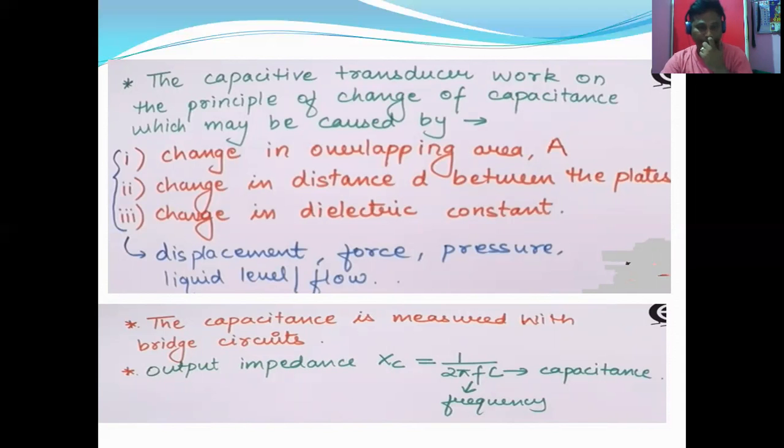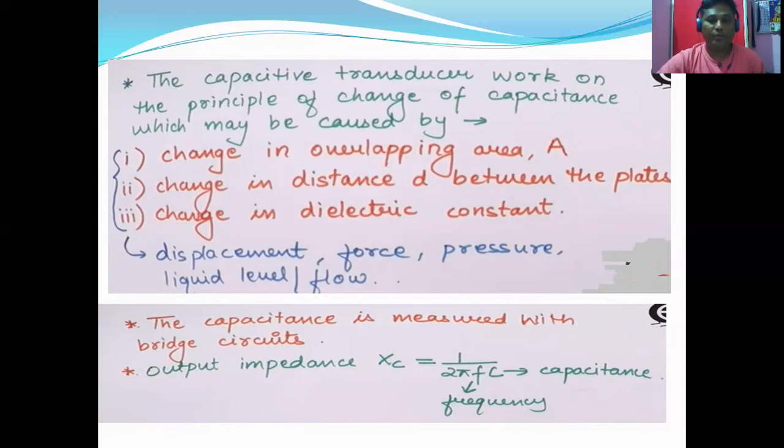Next, the capacitance is measured with bridge circuits. The bridge circuit measures the impedance, that is X of C, which is the output of the capacitive transducer.